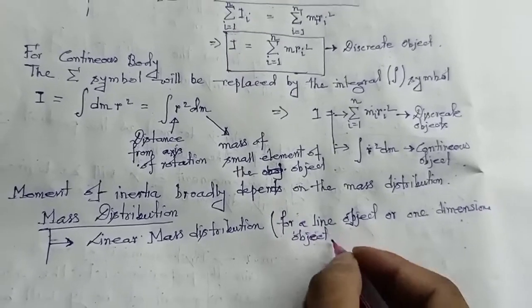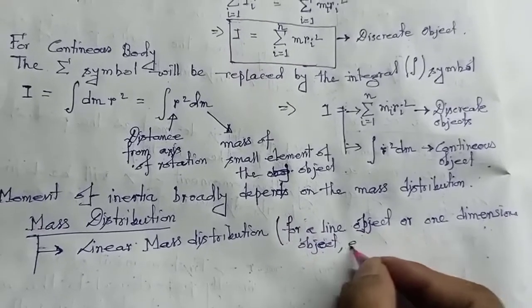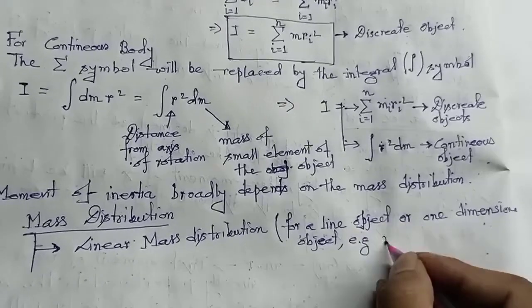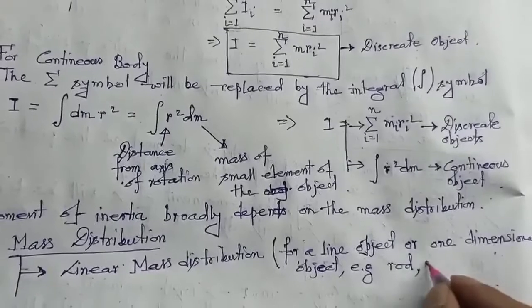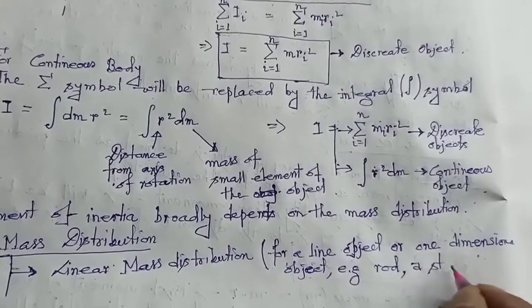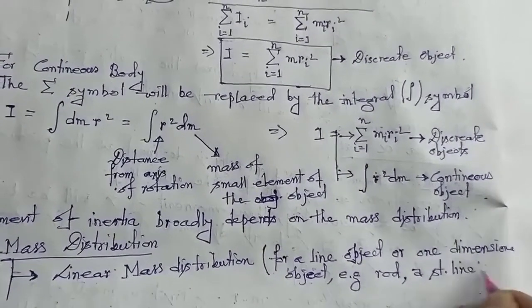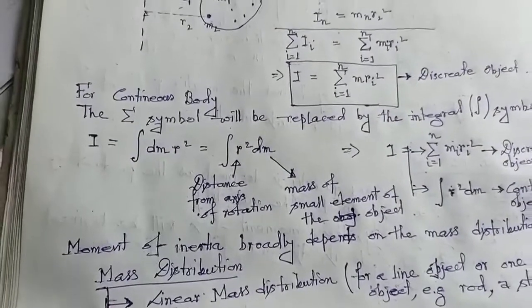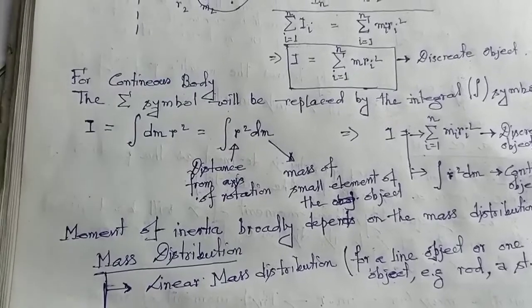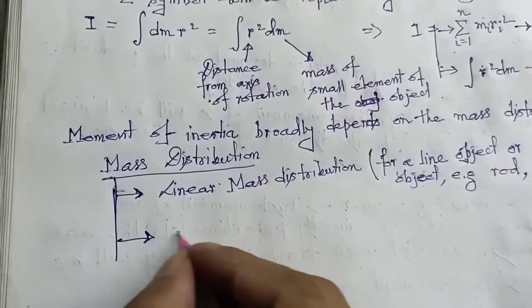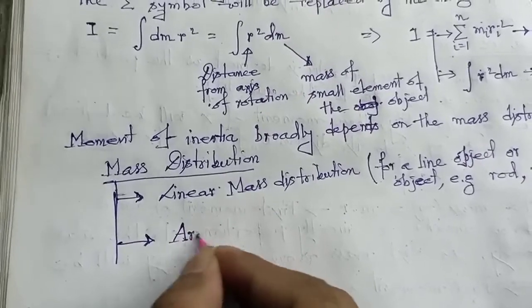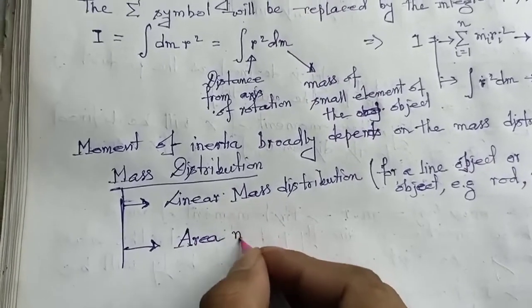So what is a one dimensional object? For example, a rod, a straight line, etc. And the second is area mass distribution.